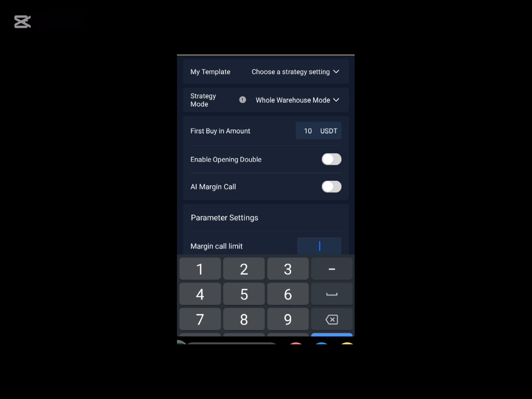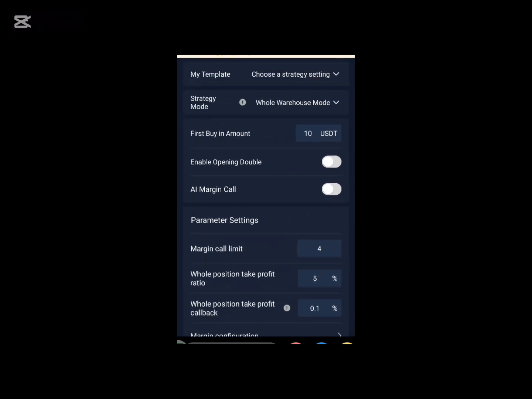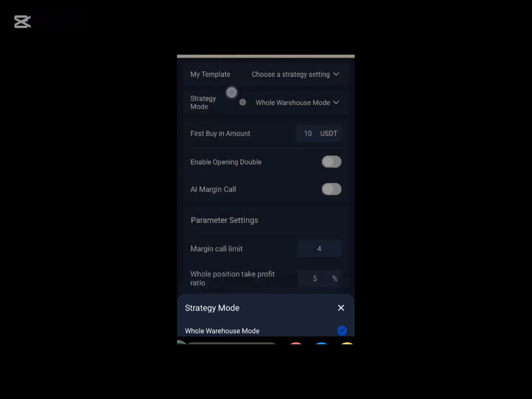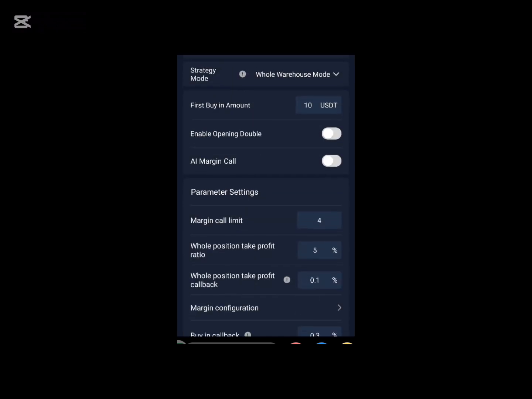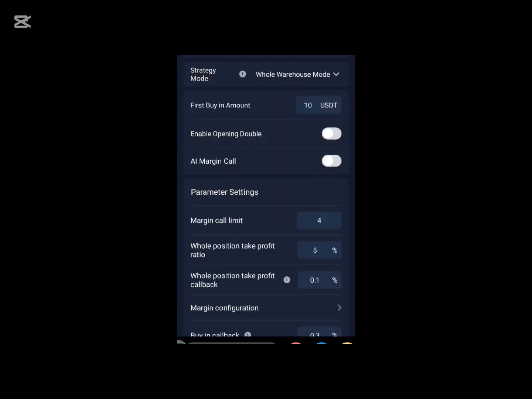So for $50 now, he said let's use 4 margin call for $50. That's why I always use warehouse, the first one. But if you are using like 9 margin call, you change it to sub-B time settlement. Is that clear? Thanks for that.